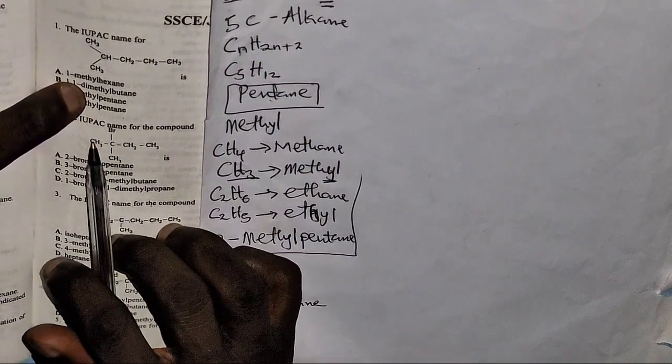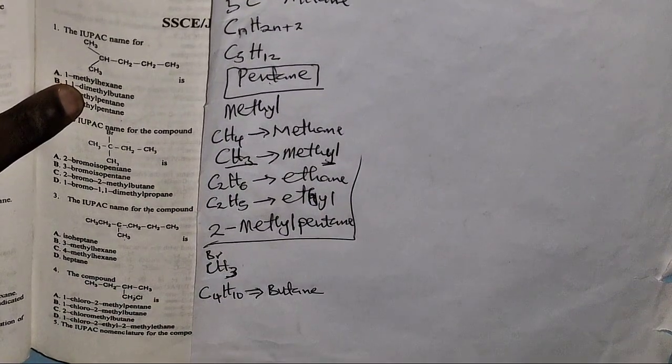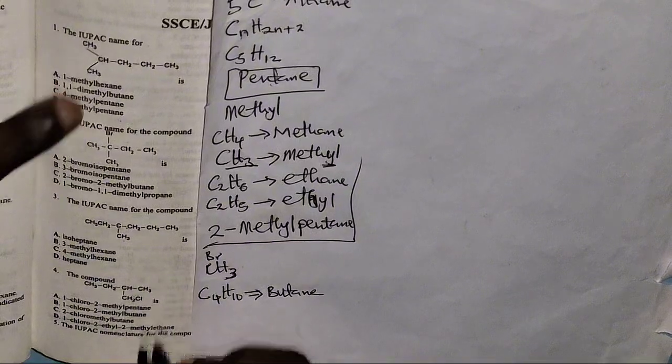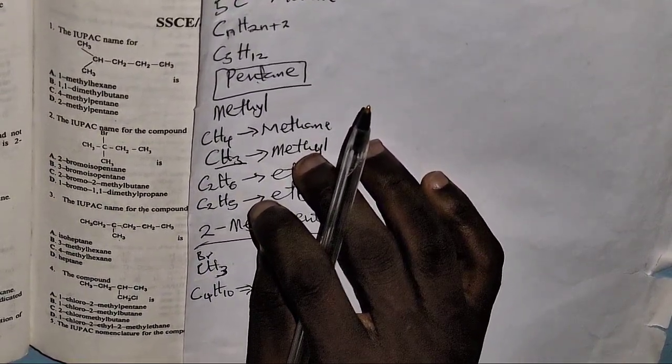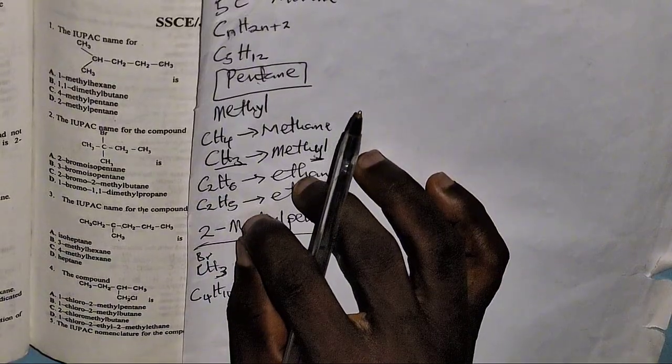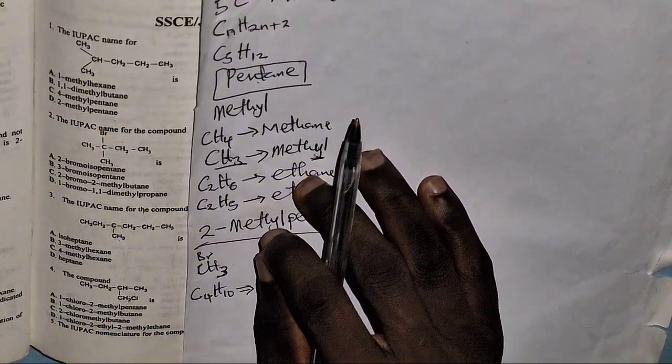So because of that, this is carbon 1, carbon 2, carbon 3, carbon 4. Now, these 2 substituents, you need to think about which one will come first. We have bromine and we have methyl. Bromine will come first. Why?